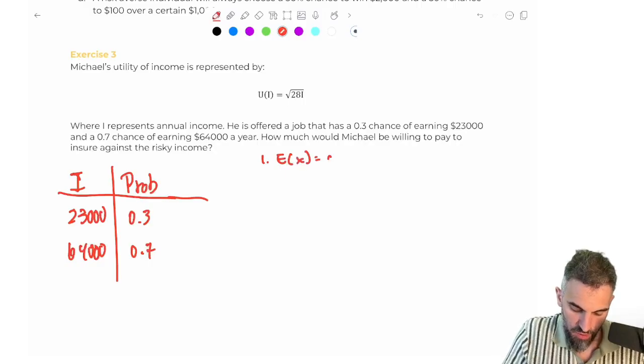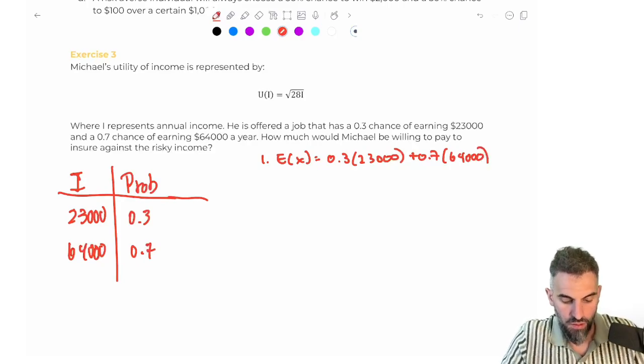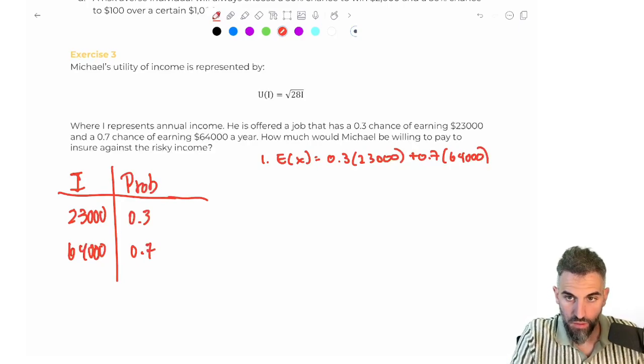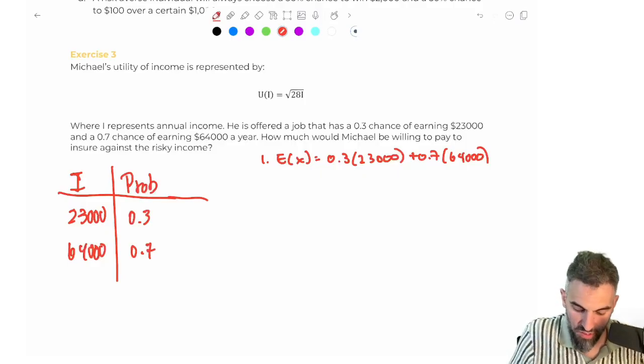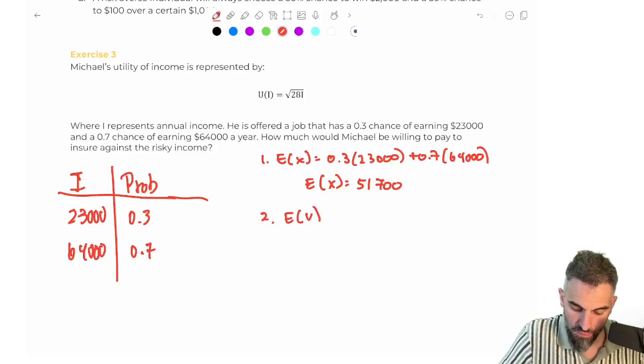In this case, it would be 30% times 23,000 and 70% times 64,000. Expected is $51,700.